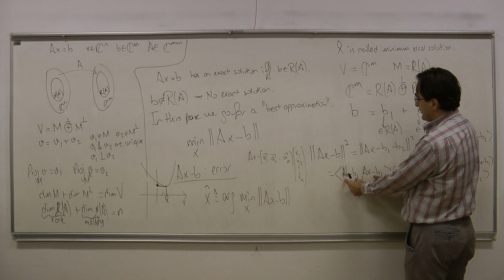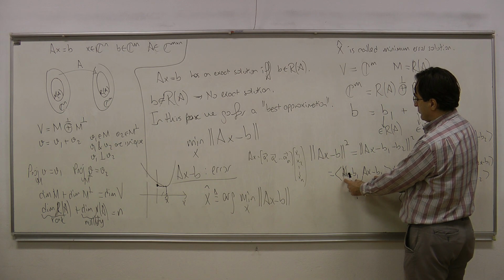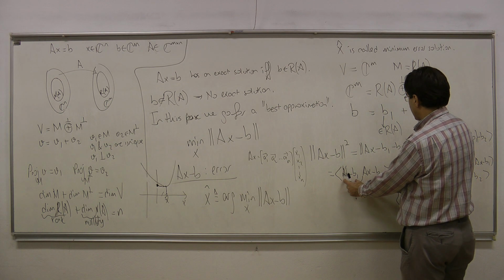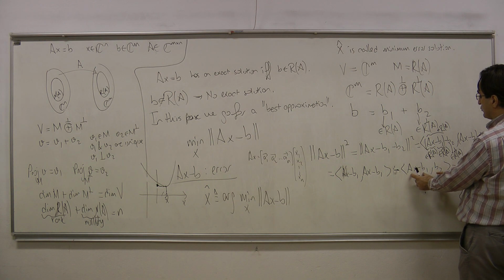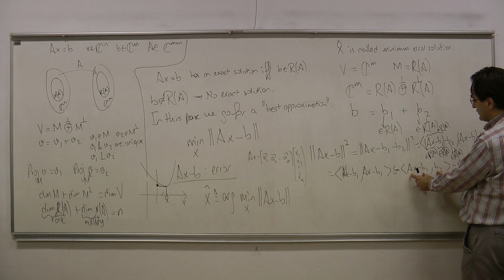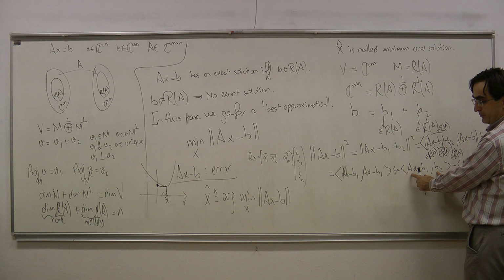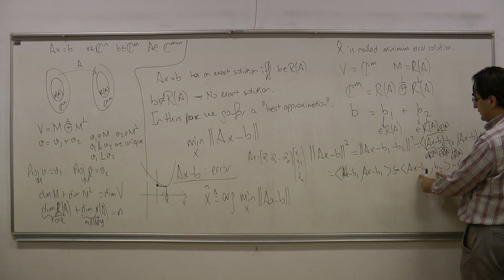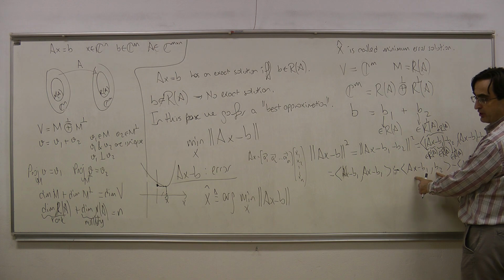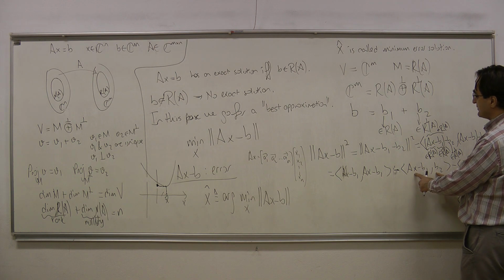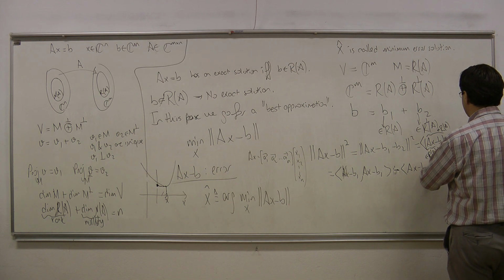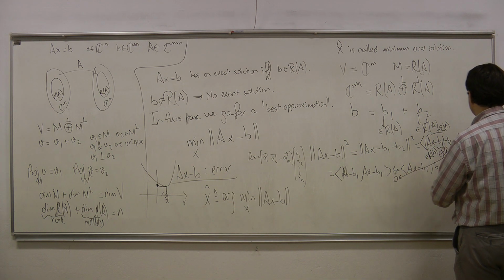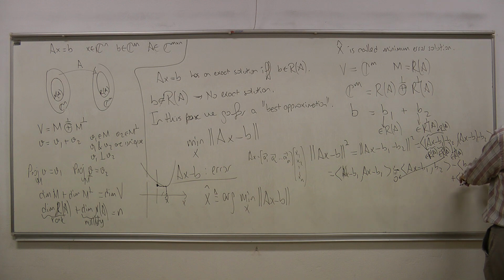Now AX minus B1 is in range space of A, but B2 is in range space of A orthogonal complement. So that means that these two vectors should be orthogonal to each other. Whatever I choose X, the inner product of these two vectors should be 0. So this is 0. What about these? So I have B2 and AX minus B1.